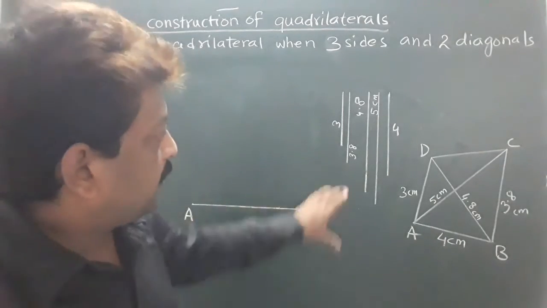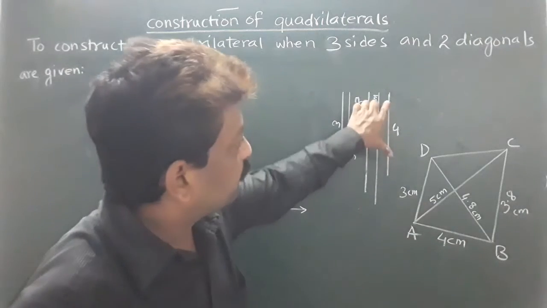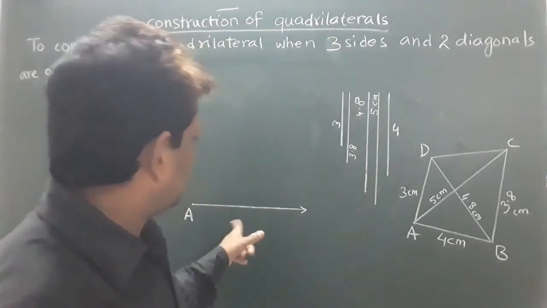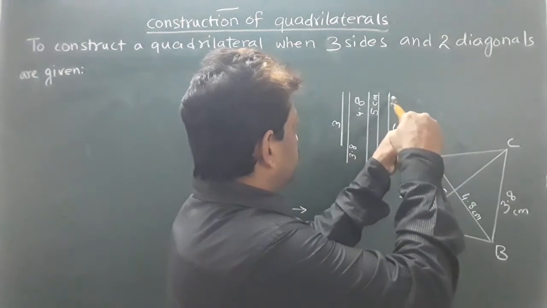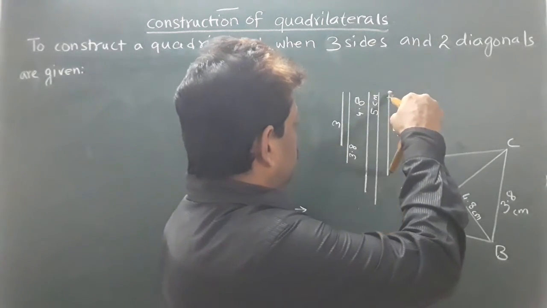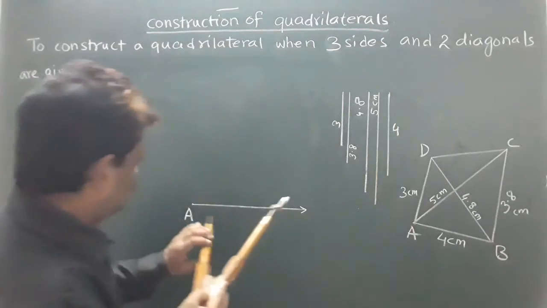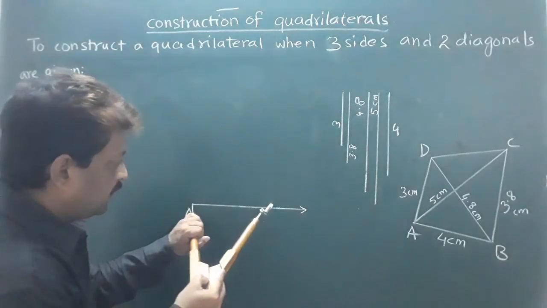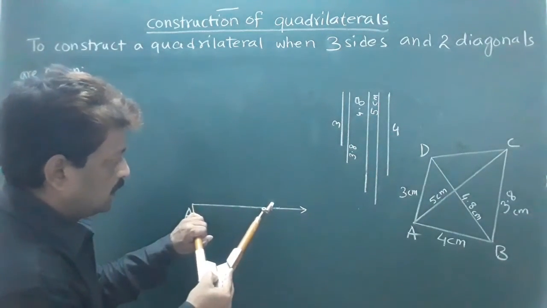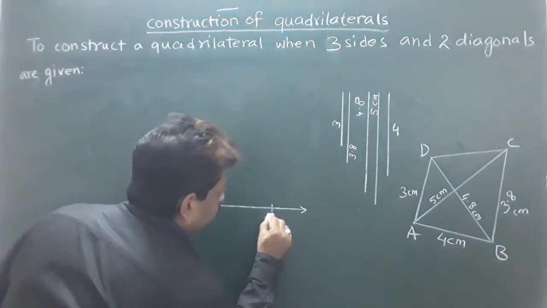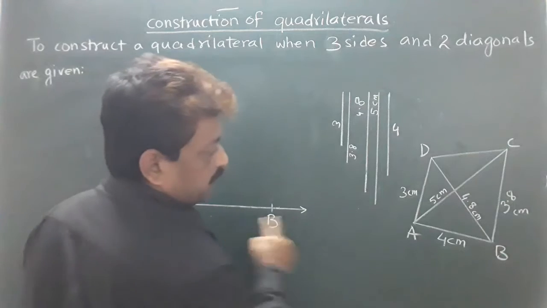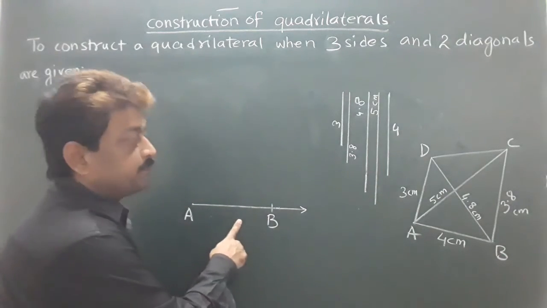We have to take the measurement of AB from this length and then construct it here. Since AB is 4 cm, place the compass on A and cut the line at B. Therefore, this is B, whose length is 4 cm.